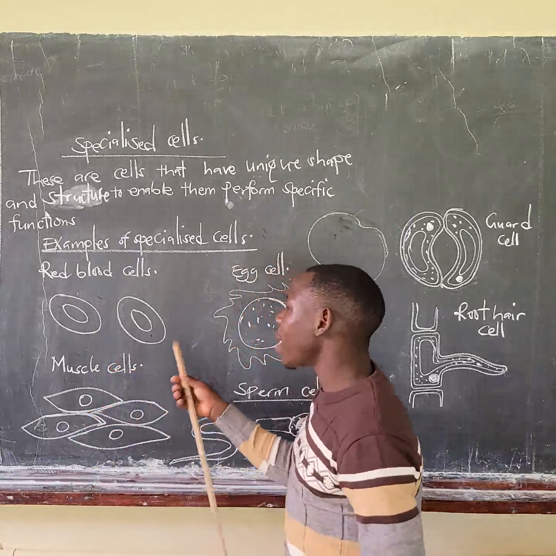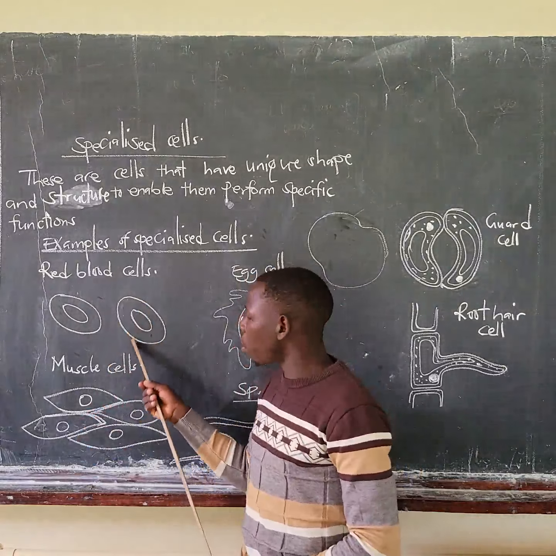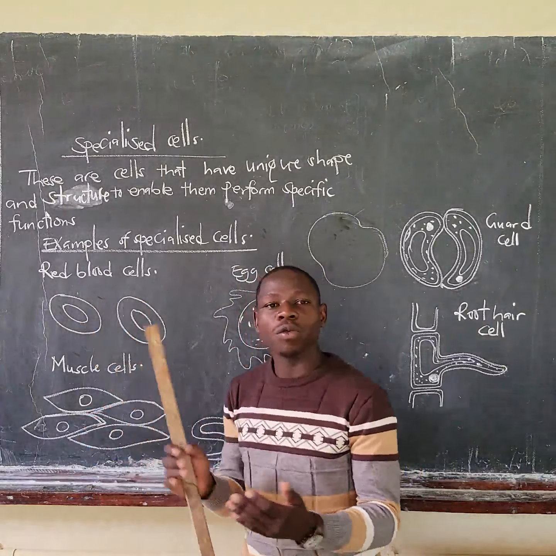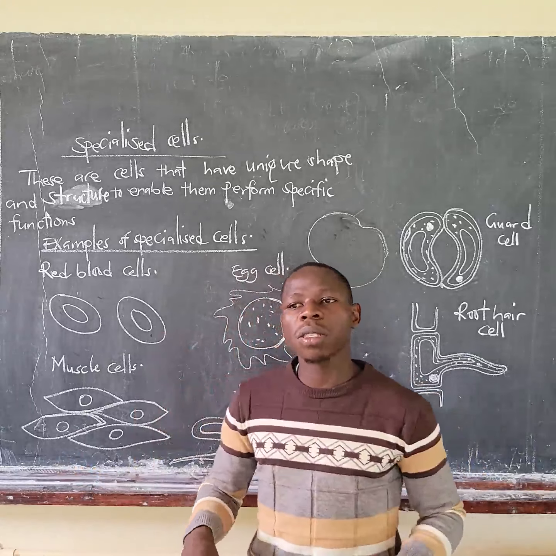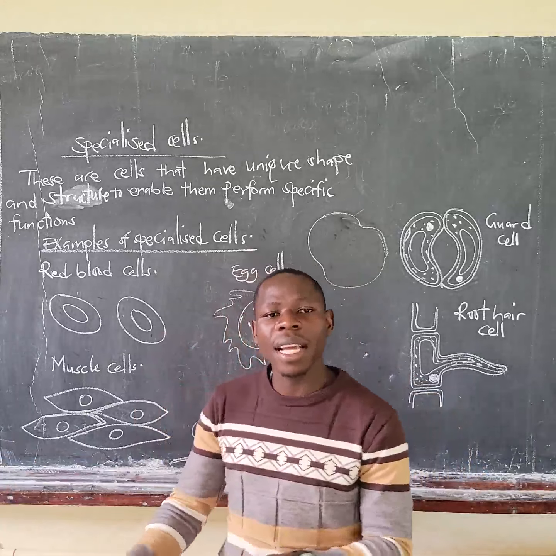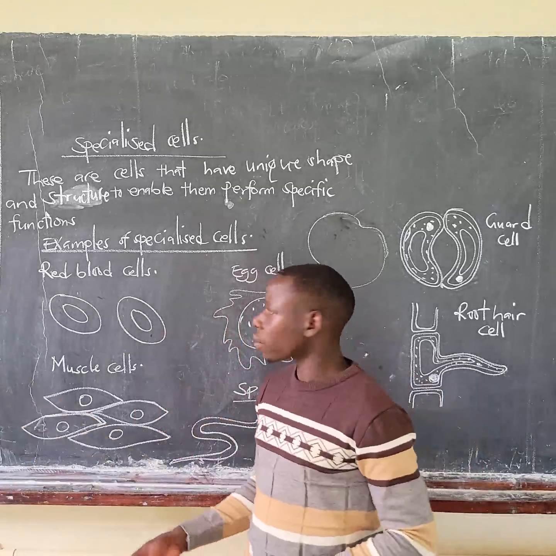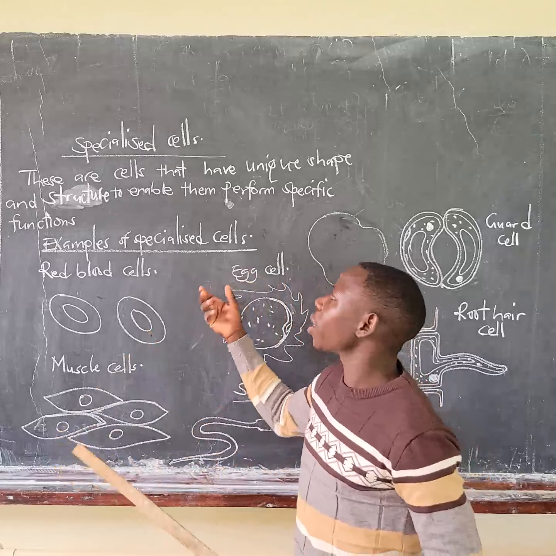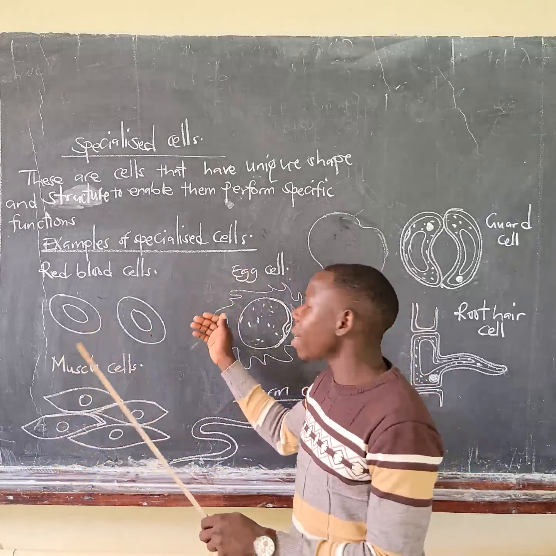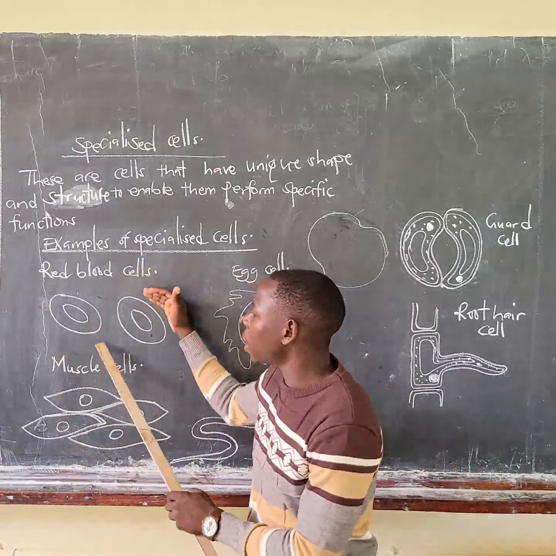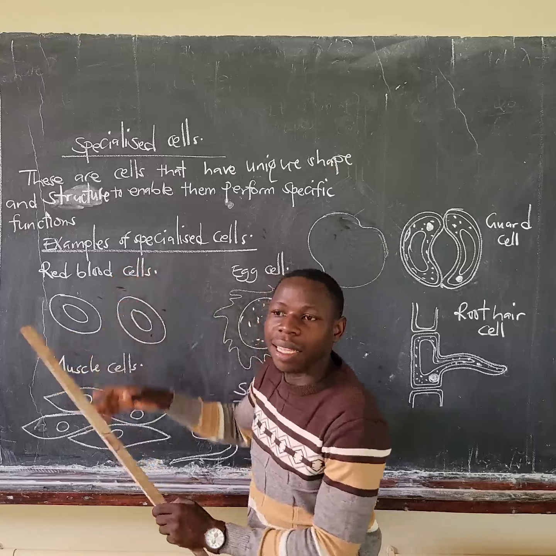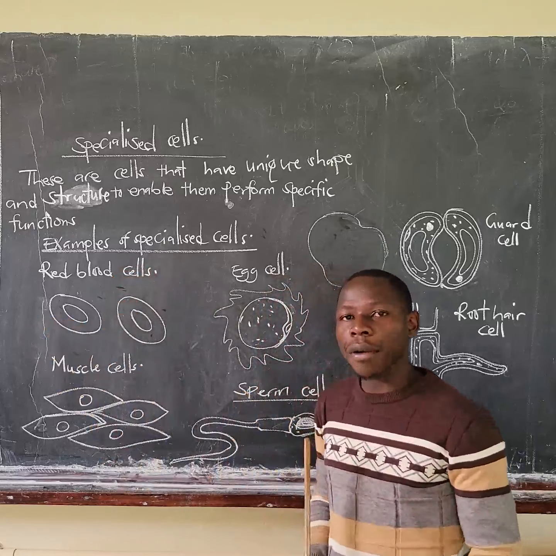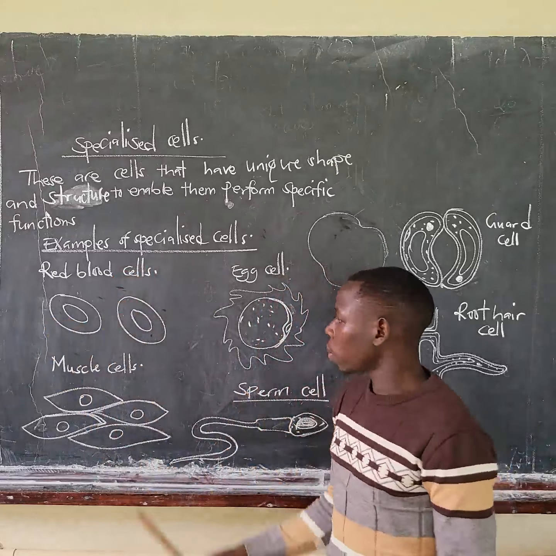The reason is that the red blood cell has to create enough space for oxygen carriage as it transports oxygen from one part of the body to another. So the reason the red blood cell adopts this shape and structure is because of the functions it carries out.